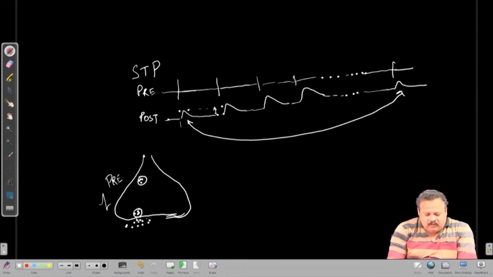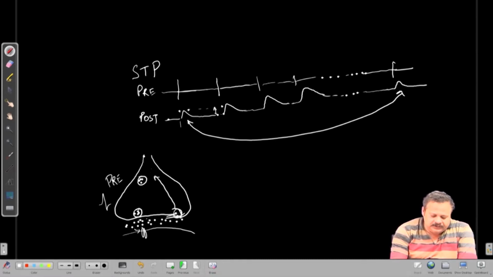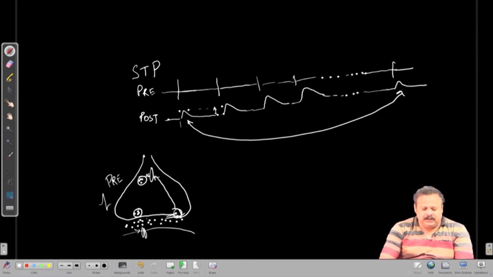Many of them go and bind to the receptors on the postsynaptic side and cause neurotransmission, and after that many are left to be taken back up, endocytosed into the endosomes and then back into synaptic vesicles.